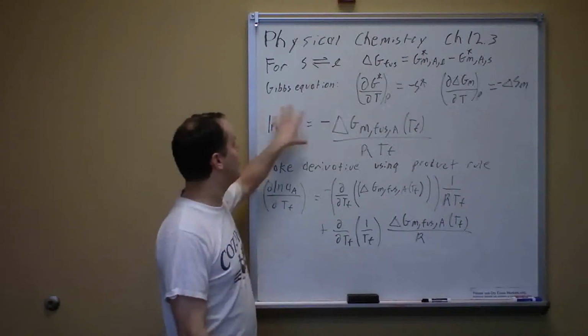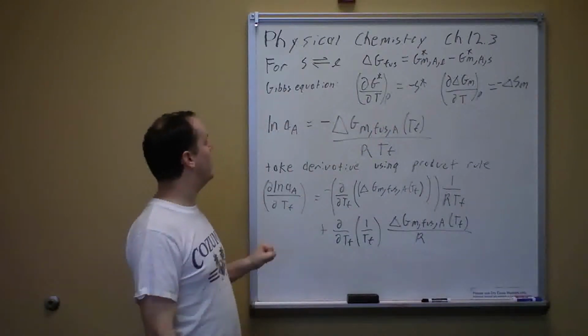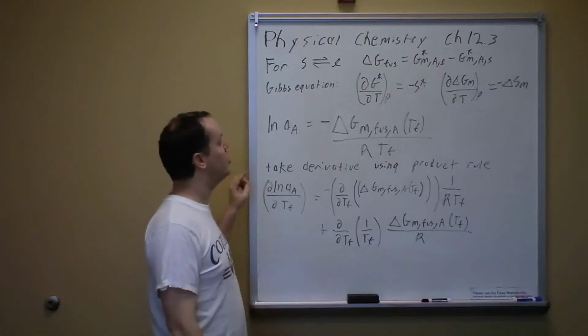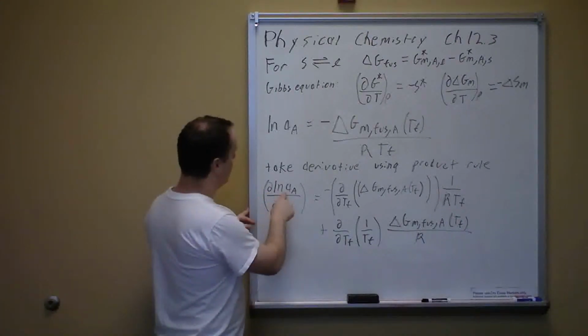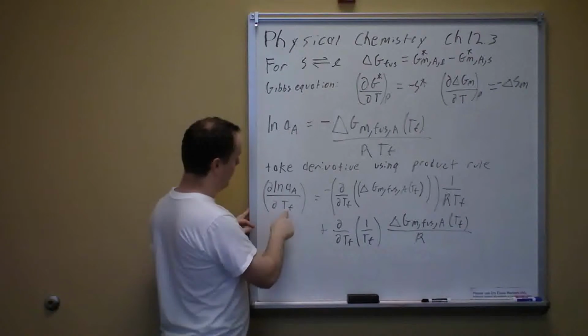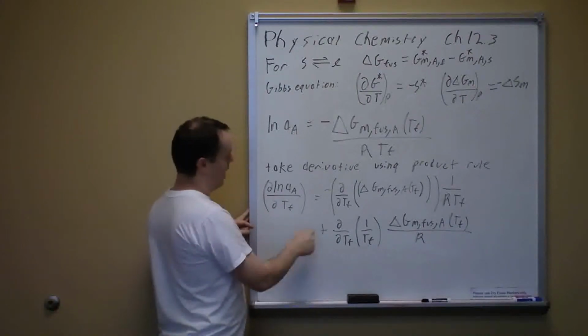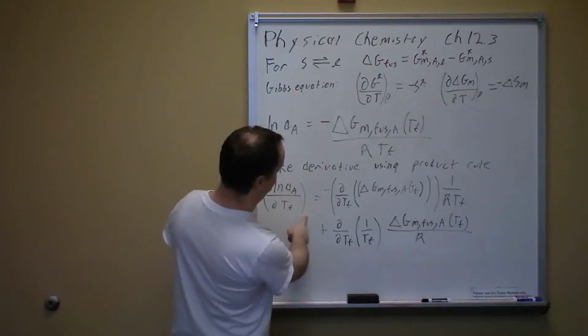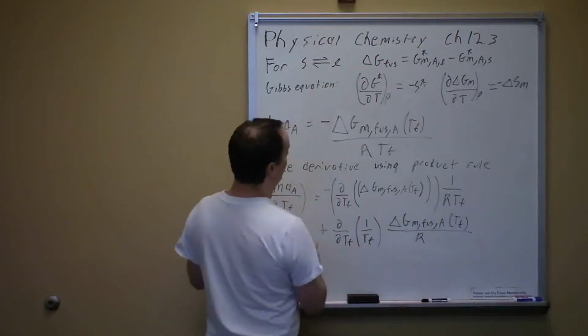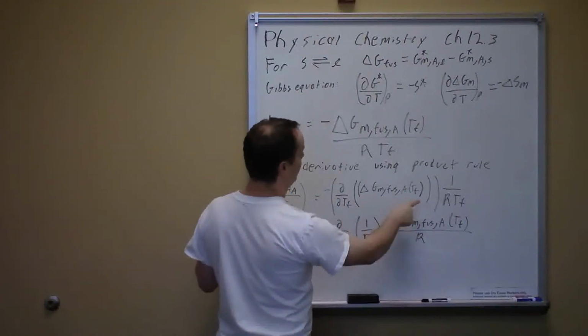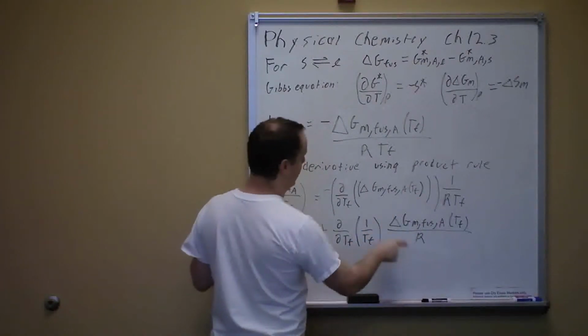Now we're going to take the derivative of this with respect to the freezing point temperature using the product rule. So we have the derivative of the natural log of the activity of A with respect to freezing temperature. I didn't specify constant pressure; it probably should be constant pressure actually. But remember the product rule: the derivative of the first times the second plus the derivative of the second times the first.